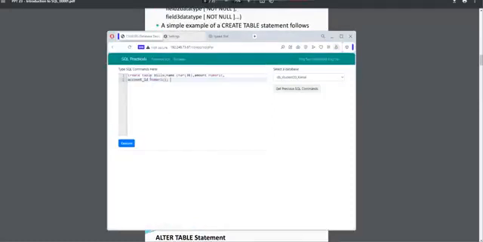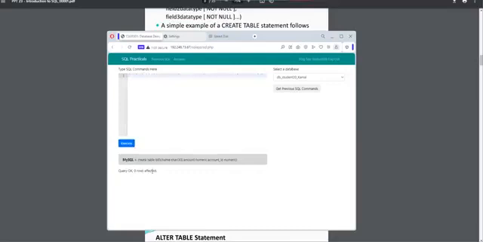Then here you can create a table structure, right? Then if needed, you can insert data into that table.